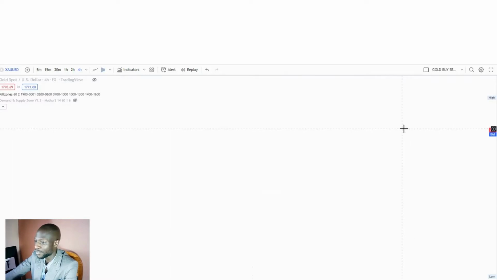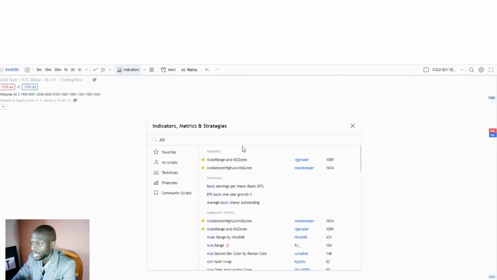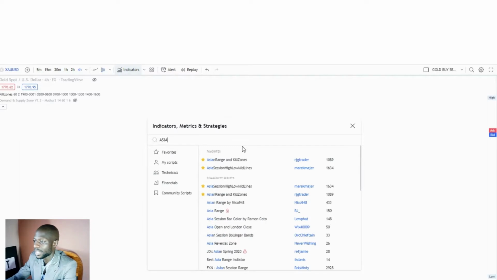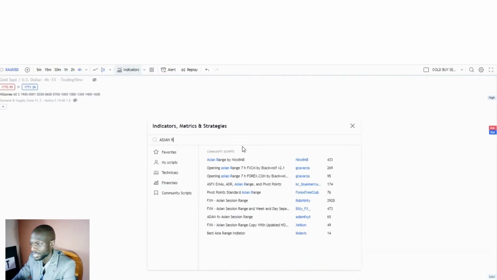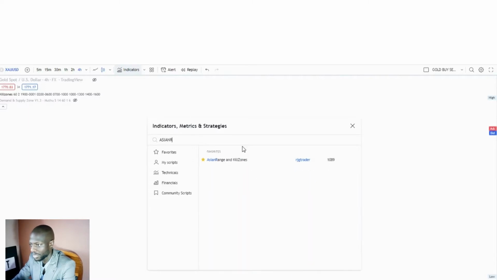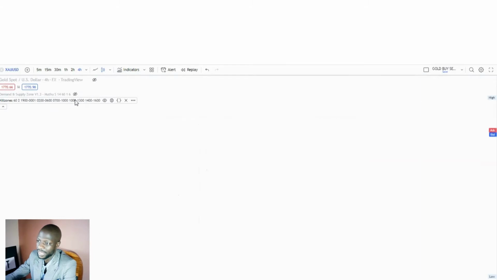First of all, go to your indicators on TradingView right here and type Asian range, without a space, and Q zone. It's going to appear right here. Just click the indicator and you're going to see it here. I have it right here, so you can turn it on.